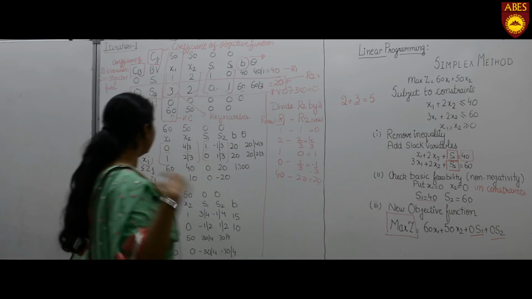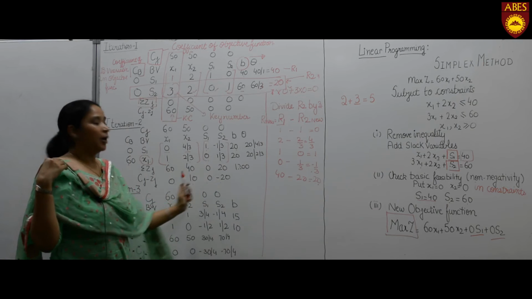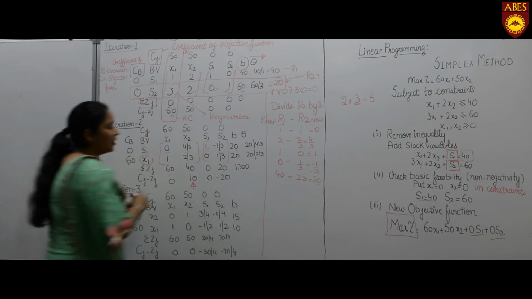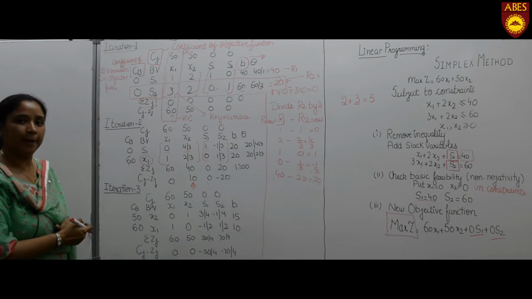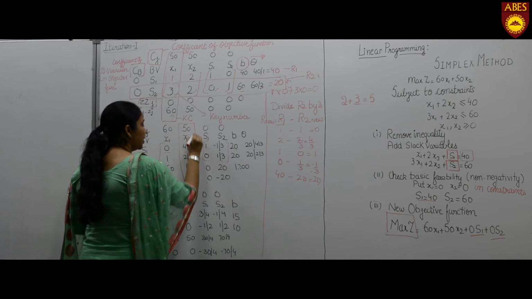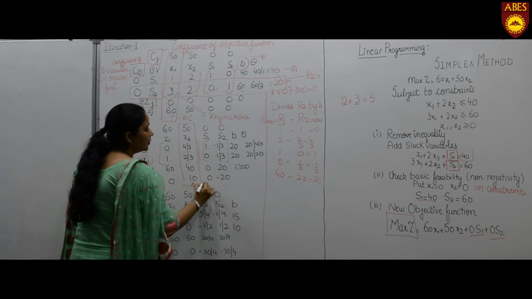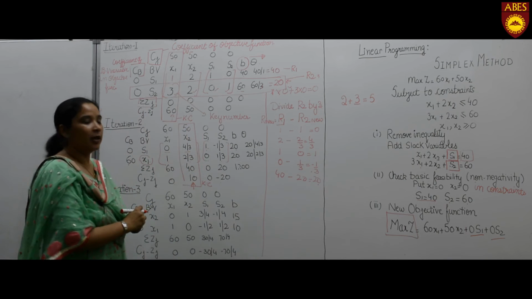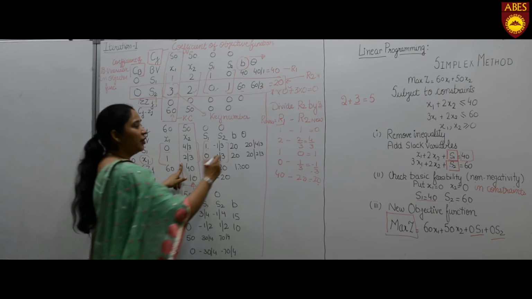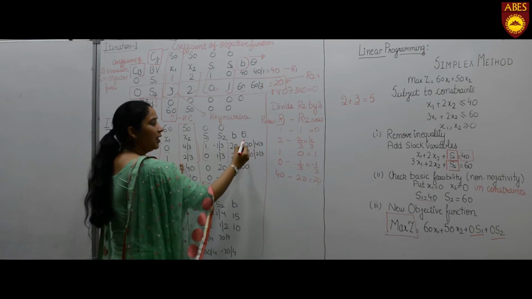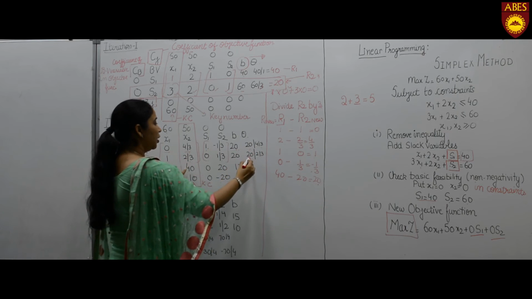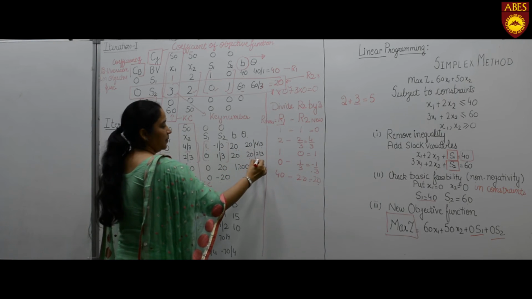Here we can see that in Cj minus Zj we still have one positive number, that is 10. That will become our key column, and by using the numbers of the key column we will find out the ratio, that is B divided by 4 by 3, that is 20 divided by 4 by 3, and 20 divided by 2 by 3.